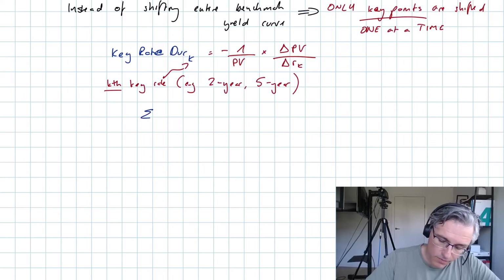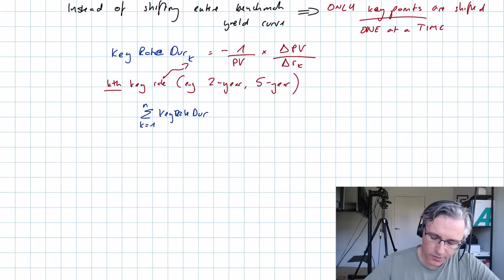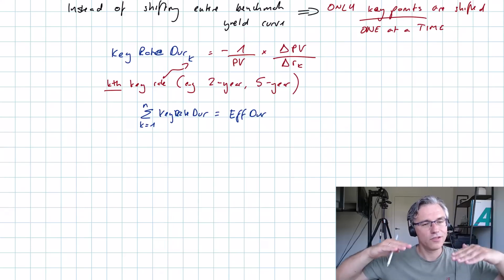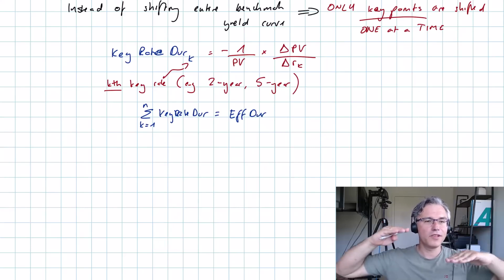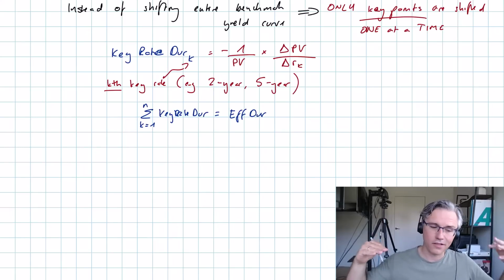So the sum of the key rate durations from K equals 1 all the way up to N would equal effective duration, which is the sum of the price change that happens from yields changing by a specific amount all across the yield curve in a parallel shift.